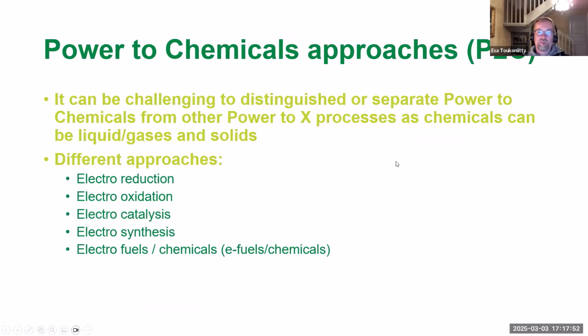So, the power to chemicals approach. What I was saying was that this is power to something. So it's maybe easy to categorize it into smaller parts like power to liquids, power to gases, power to chemicals, and such.